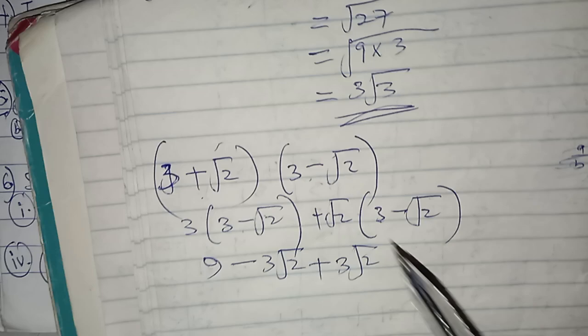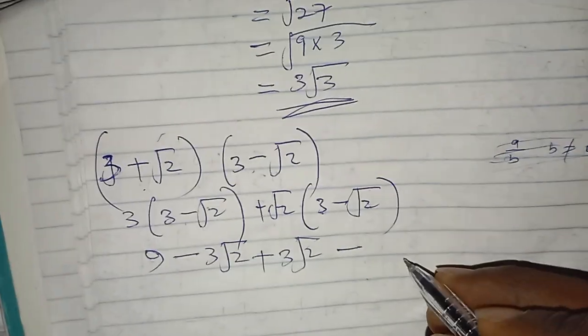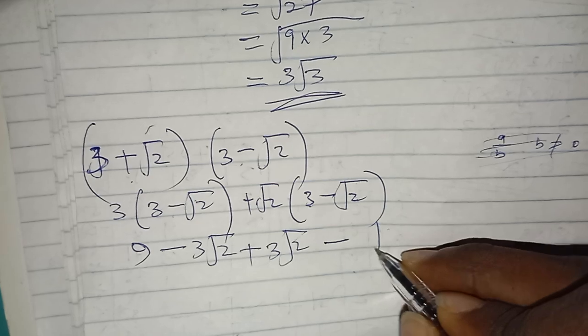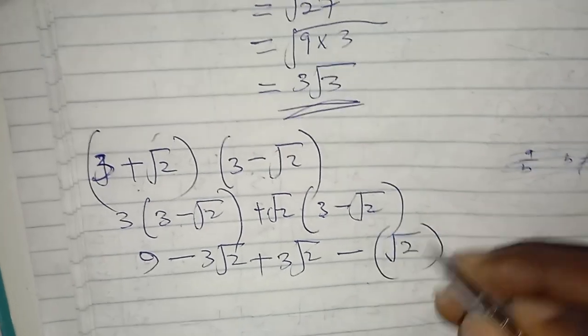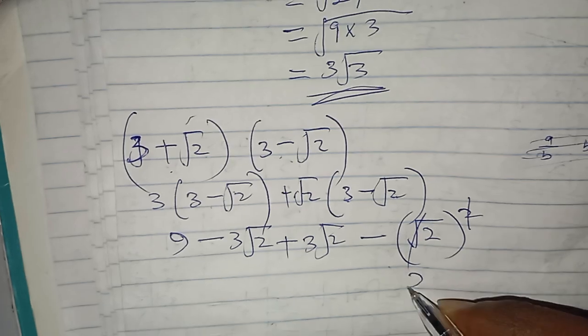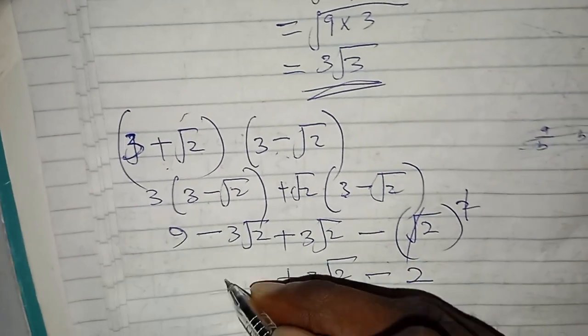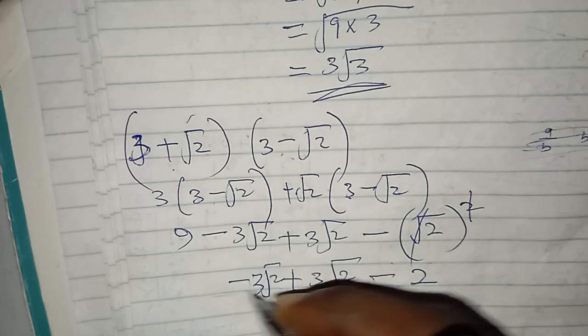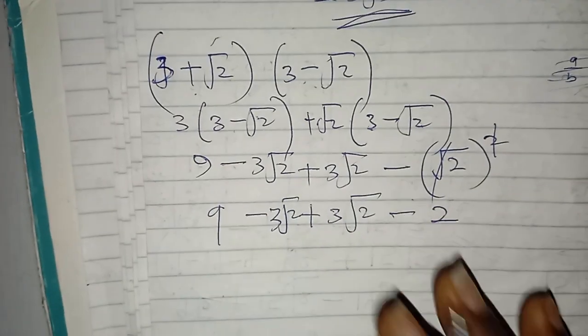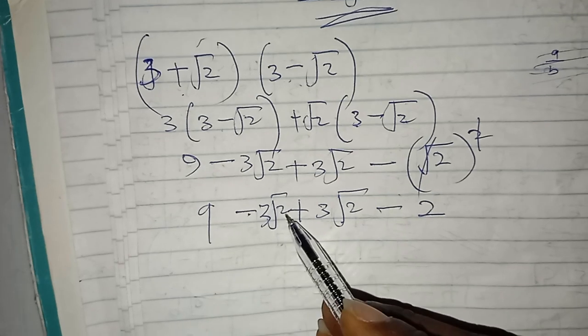That is this times this. Minus root 2 times root 2 is the same thing as saying root 2 squared, and this will take care of this so that I have 2. Now notice that this is minus and this is plus 3 root 2.